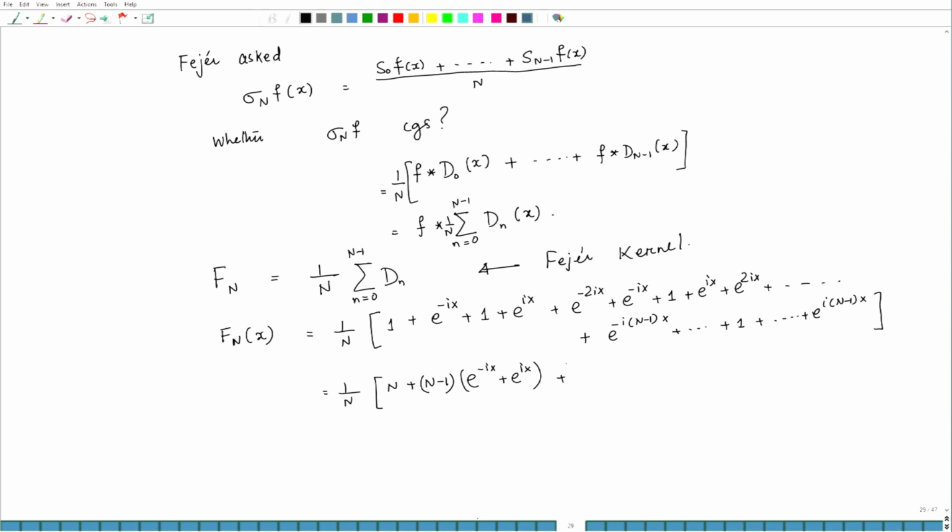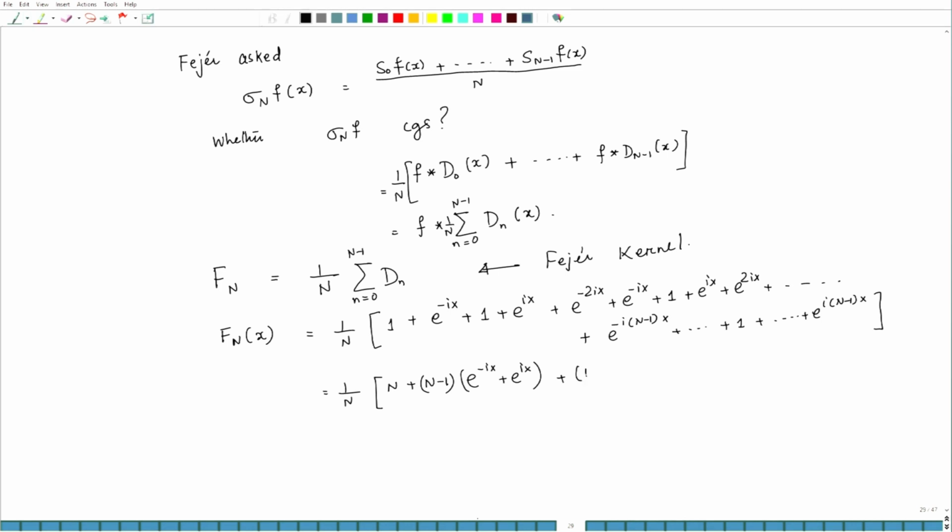Similarly, how many e to the power 2i x would be there? n minus 2. So, this is (n minus 2) times e to the power minus 2i x plus e to the power 2i x, and there will be only one e to the power minus i(n-1)x plus e to the power i(n-1)x.